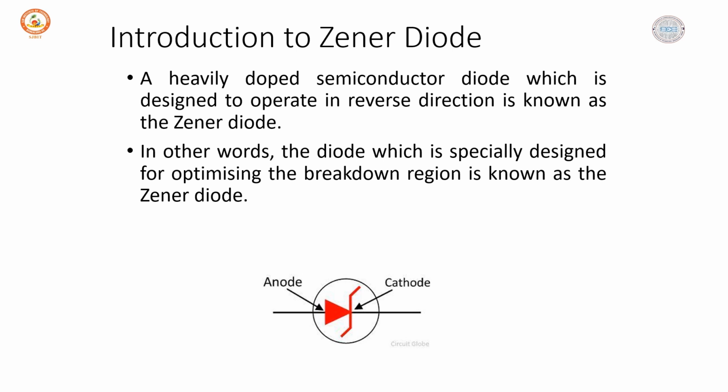So, with this brief content, now I would like to explain about the zener diode. A zener diode is a very highly doped semiconductor diode which is specially designed to operate in reverse direction.